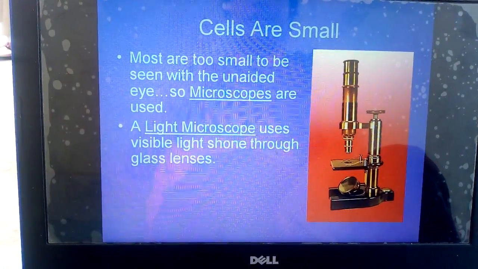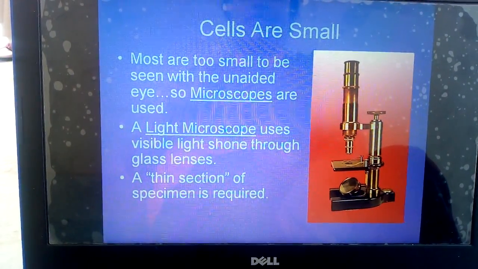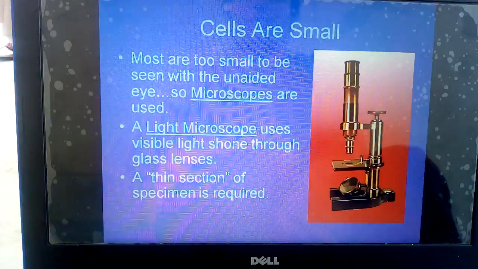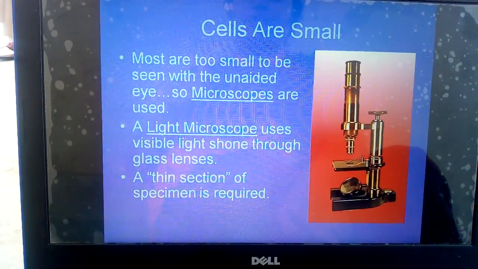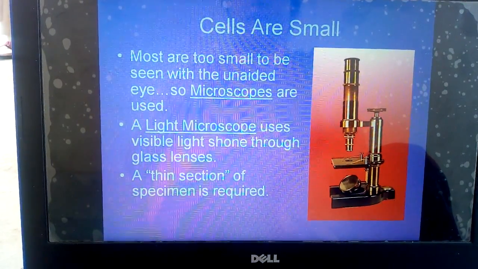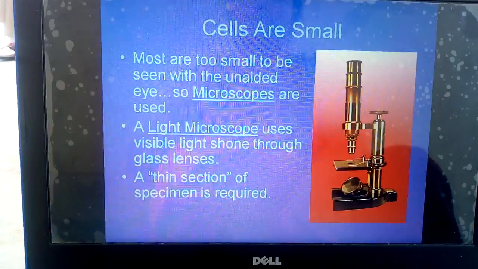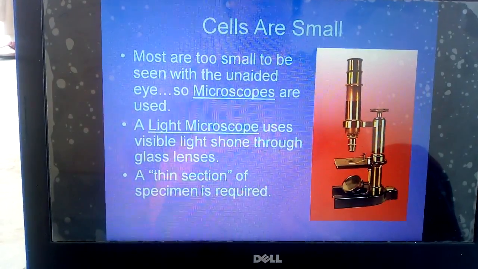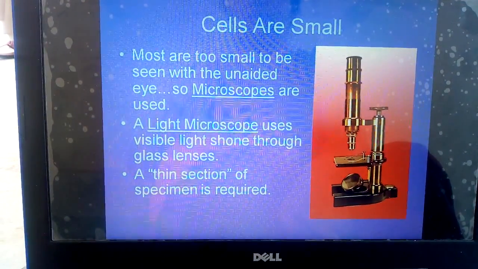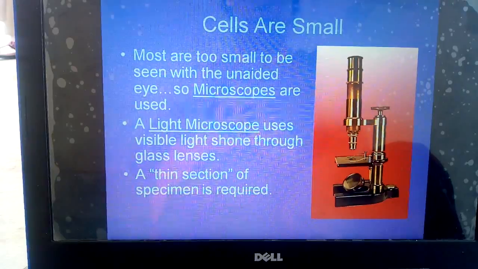Now we know that cells are very small, right? So we cannot see cells with our naked eyes, so microscopes are used. A light microscope uses visible light that passes through glass lenses, so a thin section of the specimen is required.